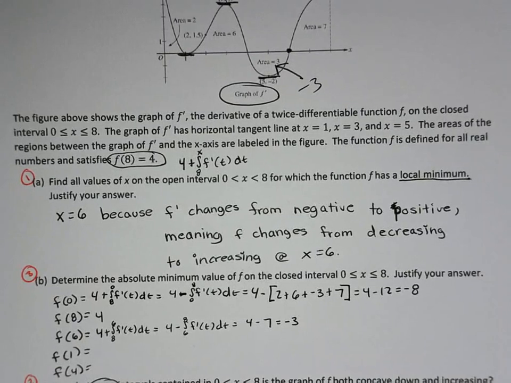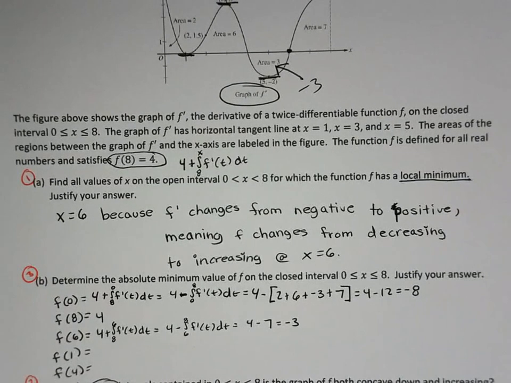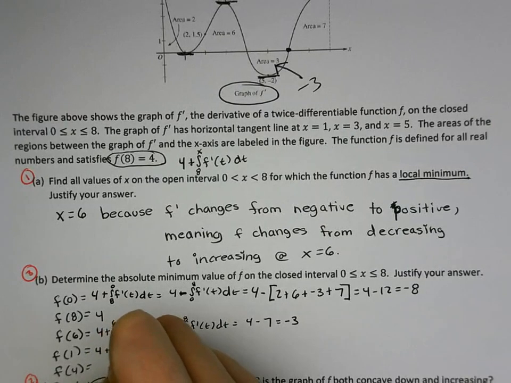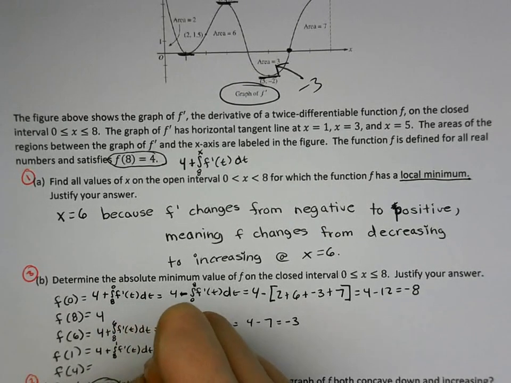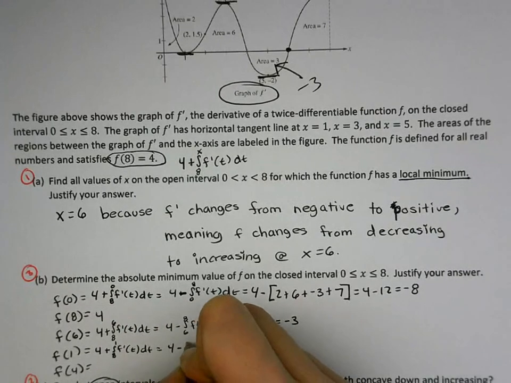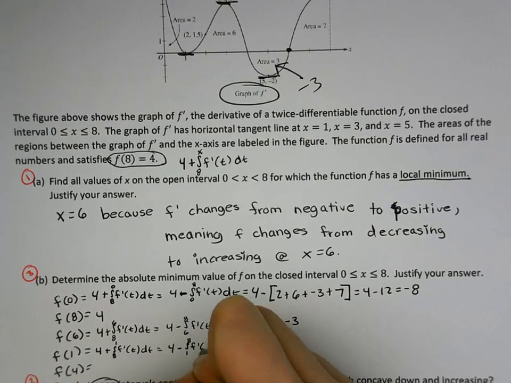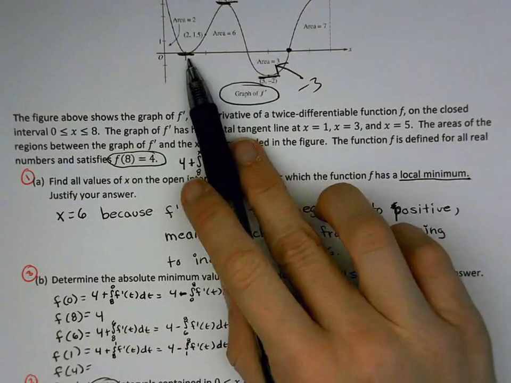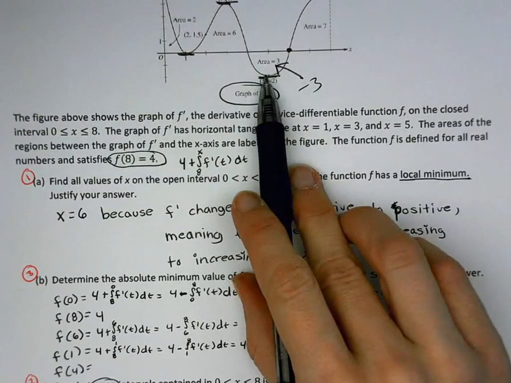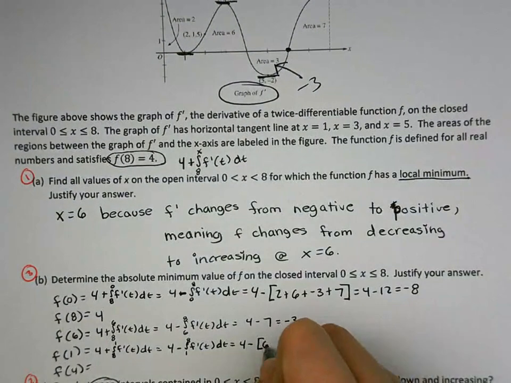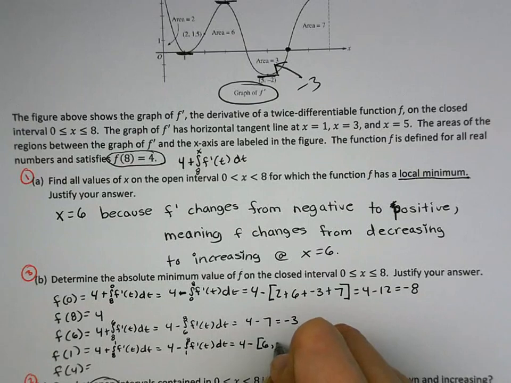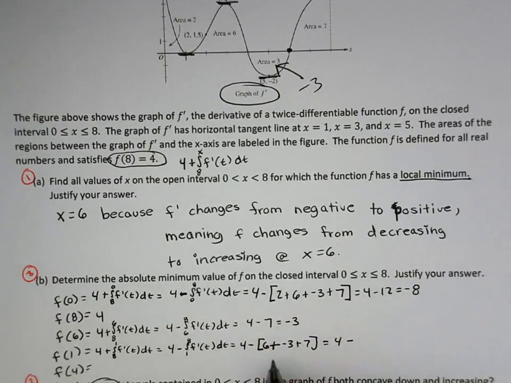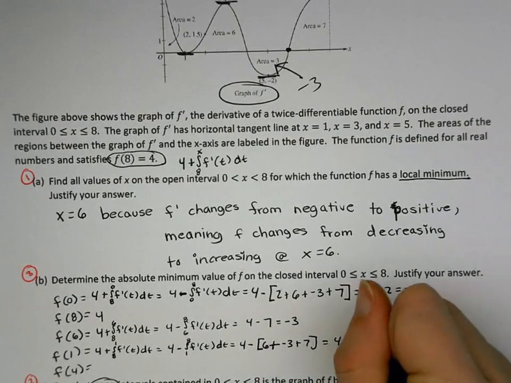And then maybe you also tested 1 and 4, maybe you didn't. Again, that depends on how comfortable you are with eliminating them. If you did test them, 8 to 1 would be 4 minus 1 to 8, which is the 6, negative 3, and 7. 6 plus negative 3 plus 7, which is 4 minus 6 plus negative 3 is 3 plus 7 is 10, which is negative 6.